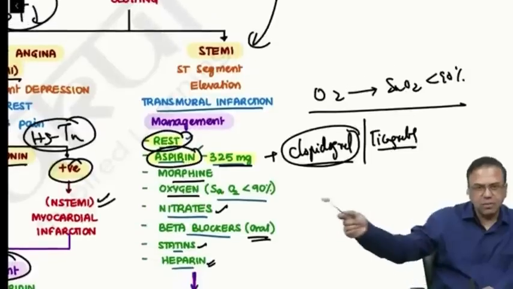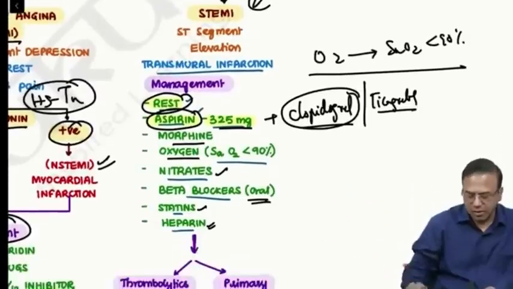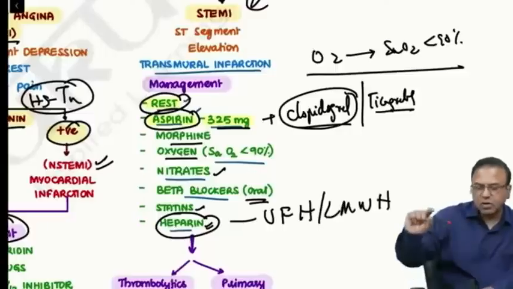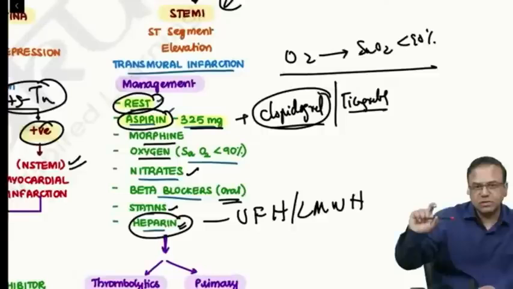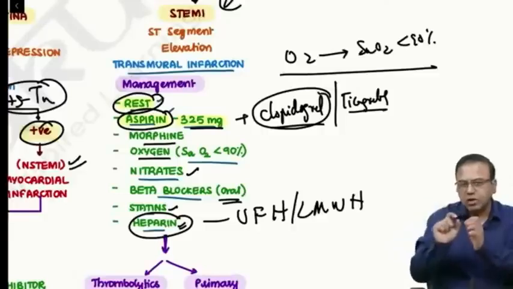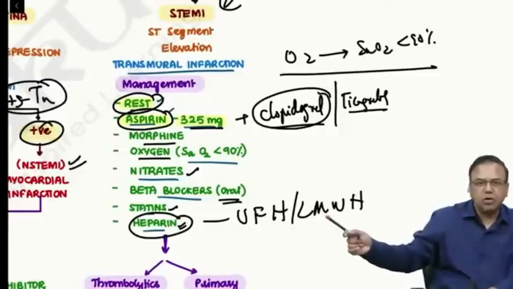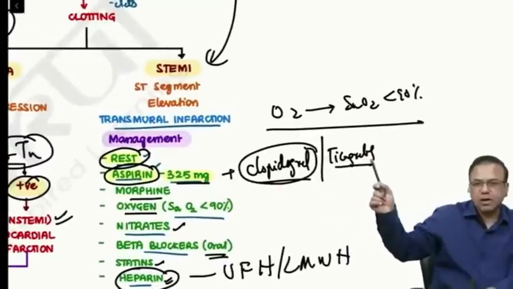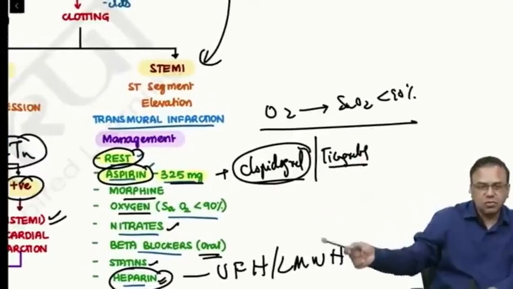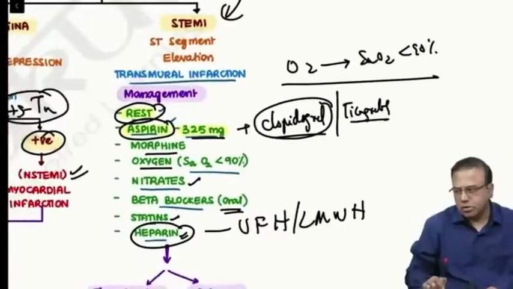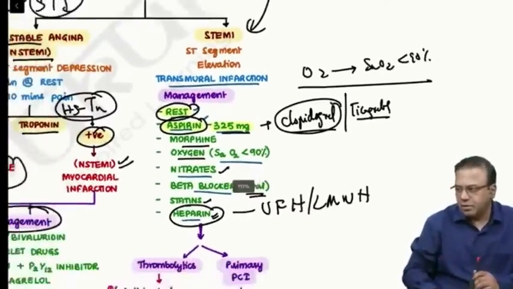You can use antiplatelets, and you can use heparin, either unfractionated heparin or low molecular weight heparin, because we don't want the stent and the catheter to clog up. So unfractionated heparin, low molecular weight heparin, aspirin, and to that you can add ticagrelor. All these drugs are used in the management of STEMI also. I hope you understood. I hope there is clarity in the treatment.